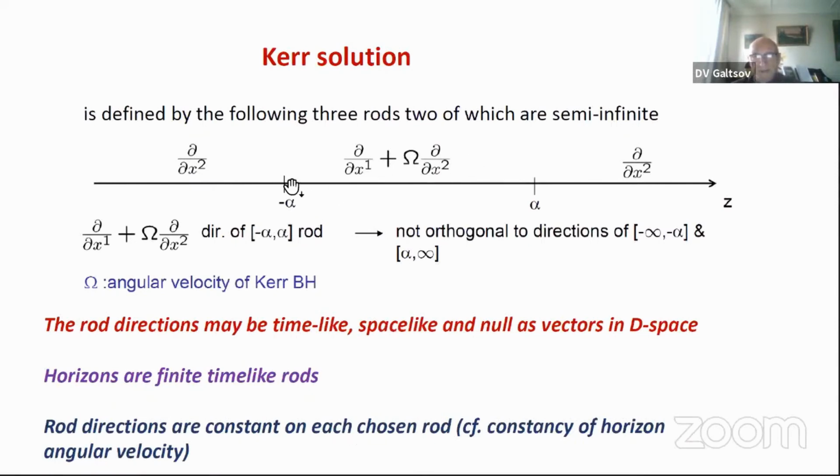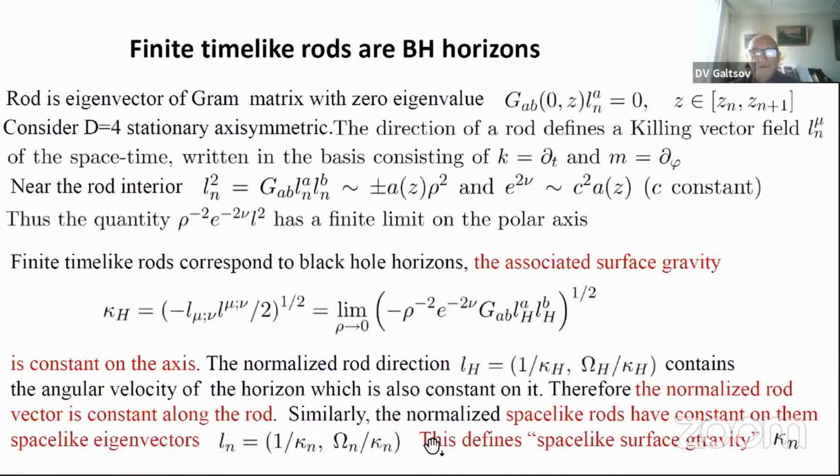This basically means that there are two quantities which are constant on the horizon. We will see later: it is the surface gravity and the angular velocity of the horizon. And this is another way to state these two important claims of black hole physics.